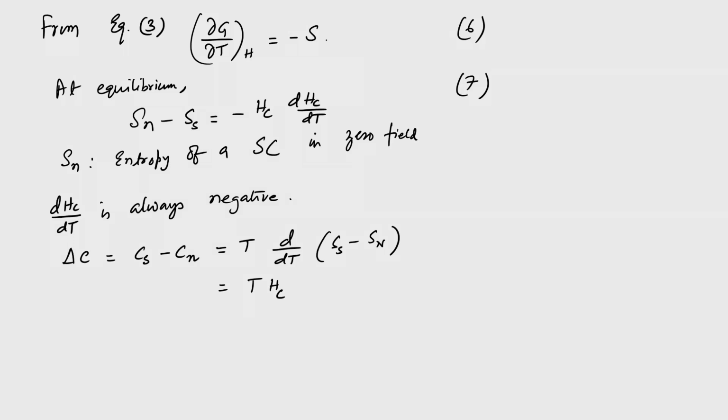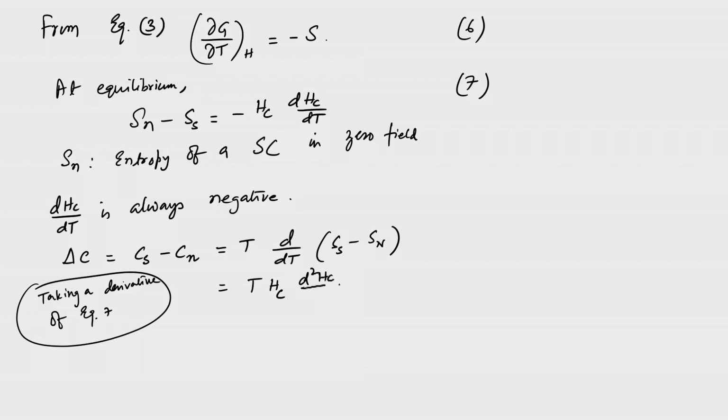Now, I will take a d/dT of this equation 7. So, taking a derivative of 7, this is equal to T H_c d2H_c/dT2 plus T (dH_c/dT) square.